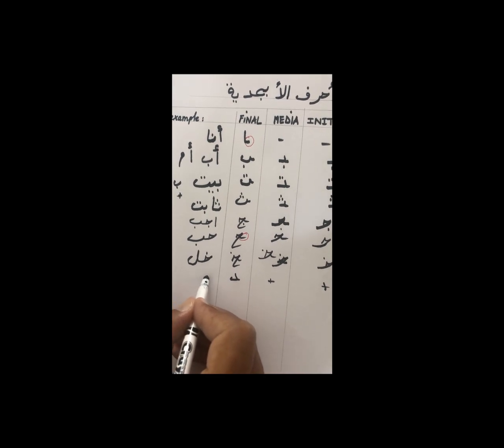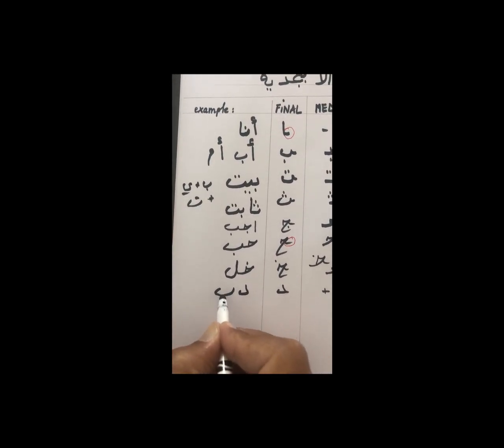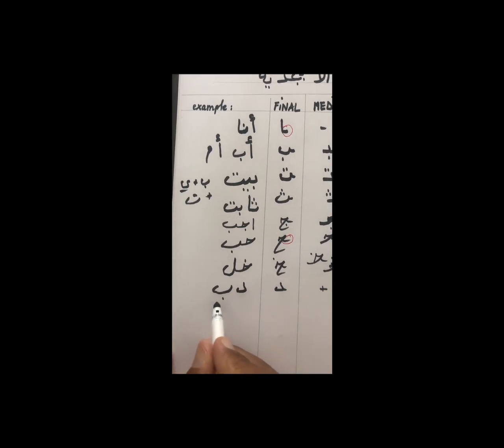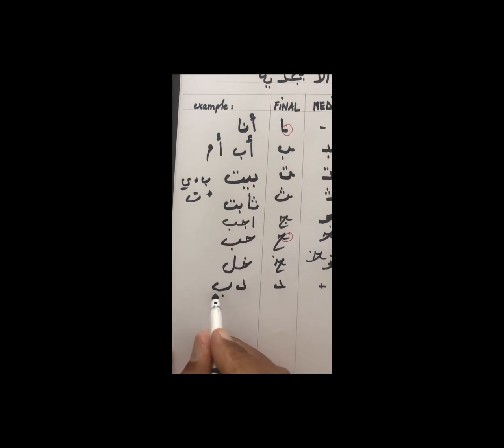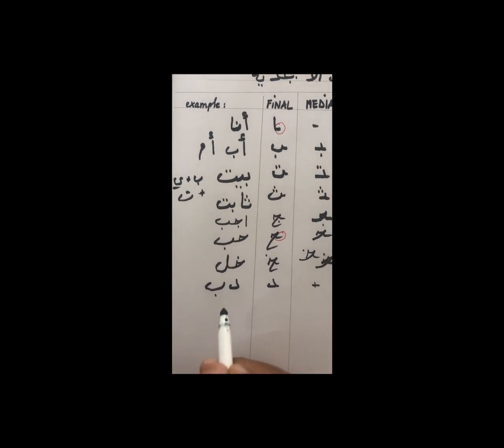So, as an example, I gave you dub. Dal, be equal dub. Dub, that means bear. Remember bears? Teddy bears, so nice.